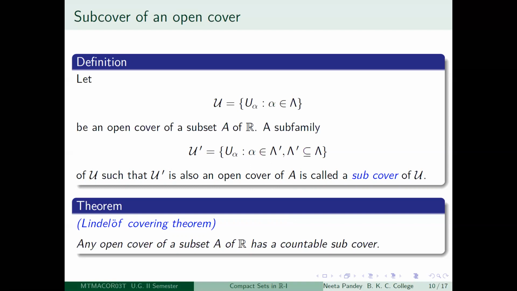The language is that U prime is a subcover of U, right? Because here what we are doing is fixing this A. This is very, very important, because unless you fix this A, you cannot talk of members of the family U prime also covering A, right? A has to be a subset of the union of U alpha, alpha in lambda prime.